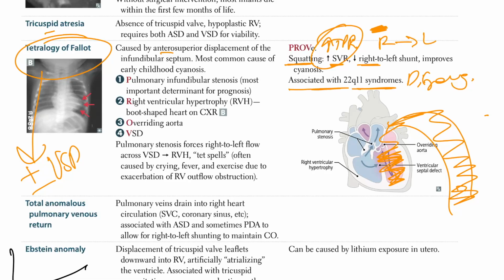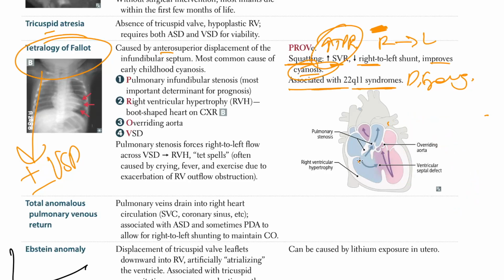So now it's going to be hard for the right side to push the blood into the left because you have a lot of pressure there, and that will improve the cyanosis. And what was cyanosis? The deoxygenated blood going into the oxygenated blood was causing cyanosis. But since we have increased the pressure here, the deoxygenated blood isn't going into the left ventricle, so it will improve the cyanosis.